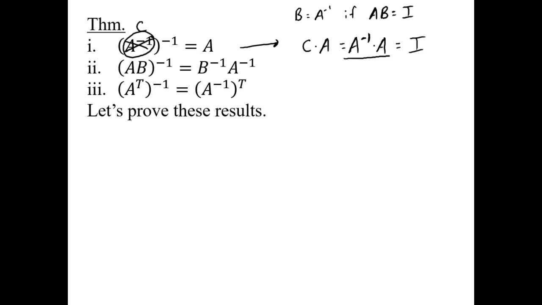Because that's what it means to be inverses. So what I found now is that C and A are inverses of each other, which means that the inverse of C is A. Well, that means that the inverse of A inverse is A.